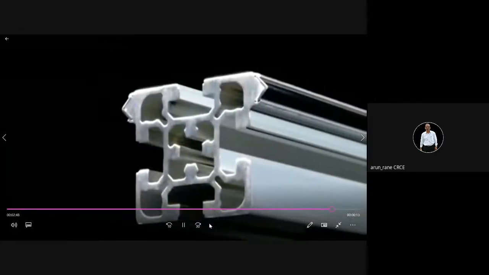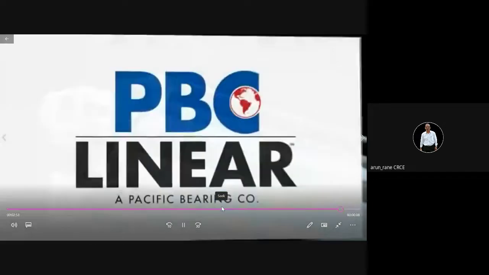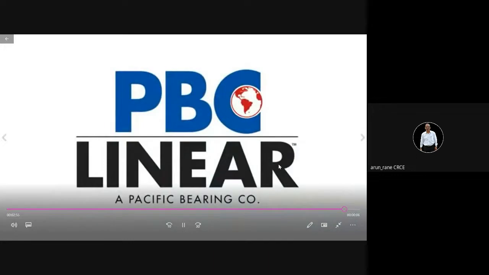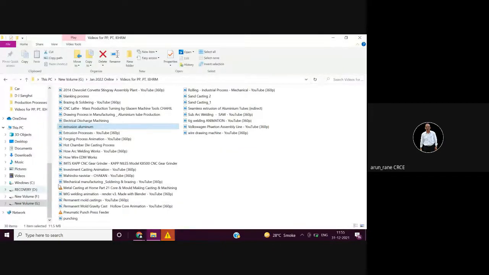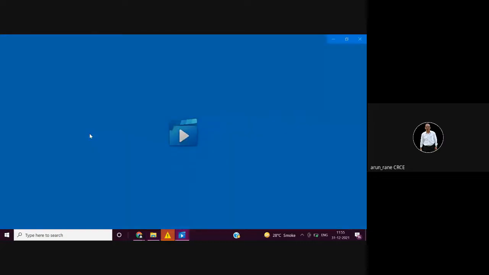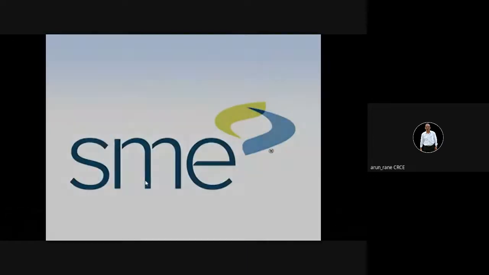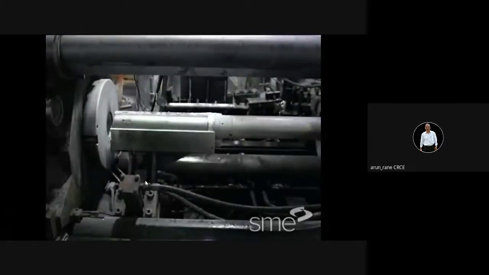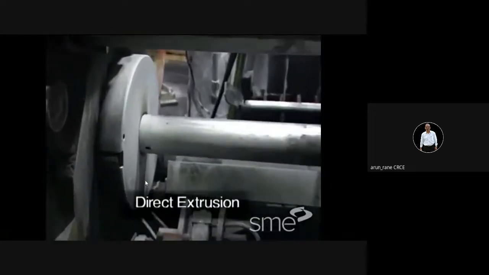Extruded product. This is a direct extrusion.